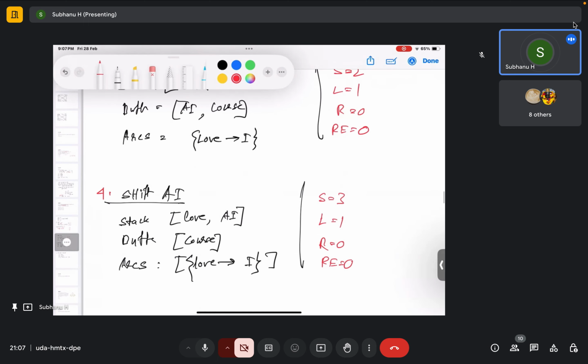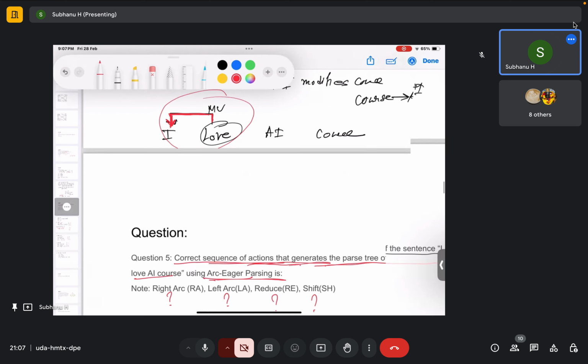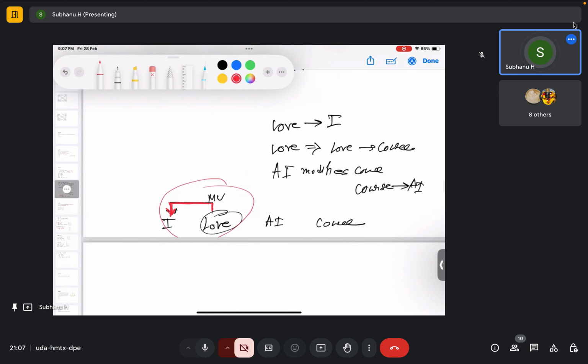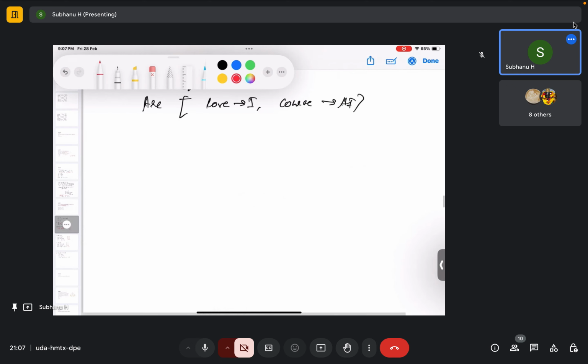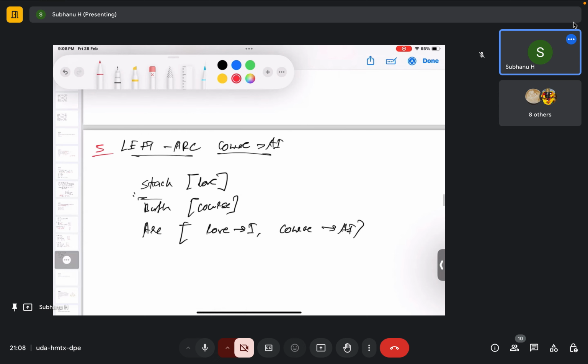So I have to change it here also: course to AI. Fine. This is the left arc. So here, until this point, my shift is 3, left arc is 2, right arc is 0, reduce is 0.